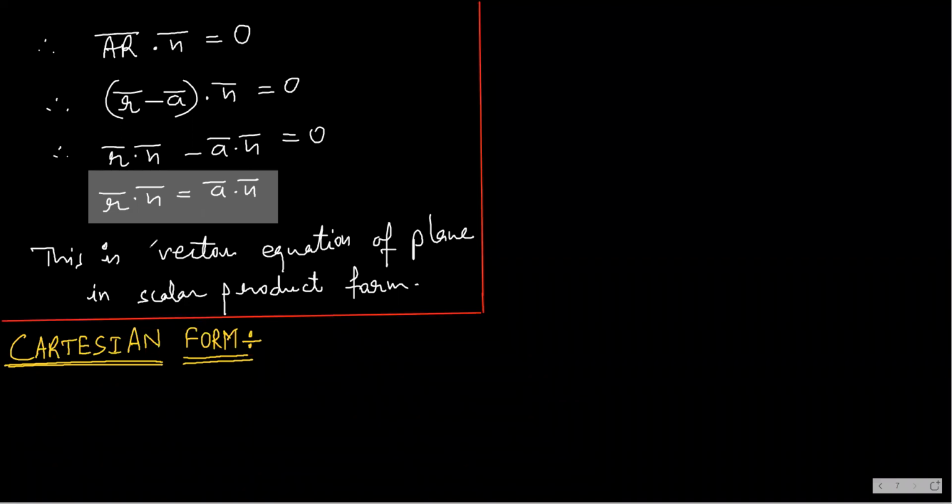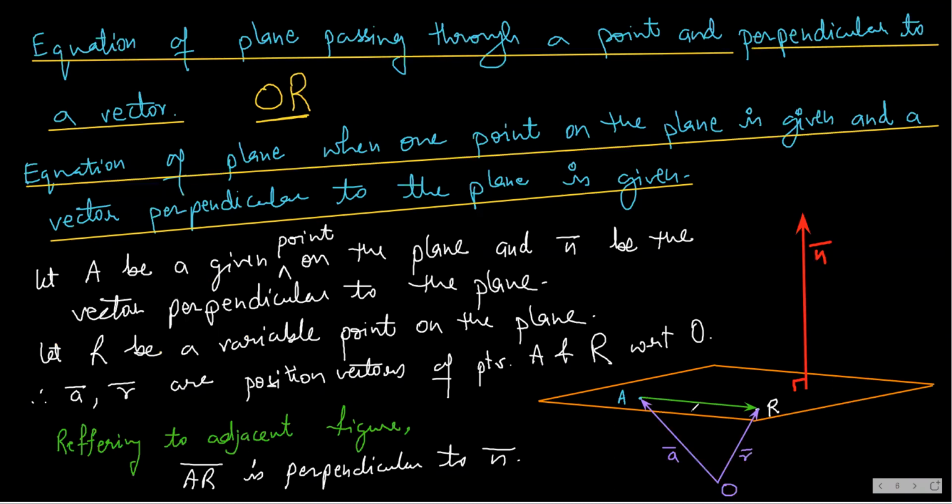After completing the vector equation, that is in scalar product form, now we are going to write the equation of this plane in Cartesian form. Now in order to write it in Cartesian form, we will first write the coordinates of the given point and the given vector.